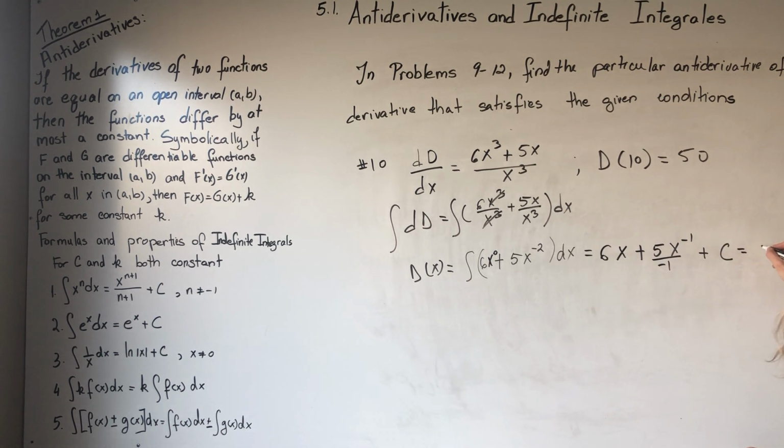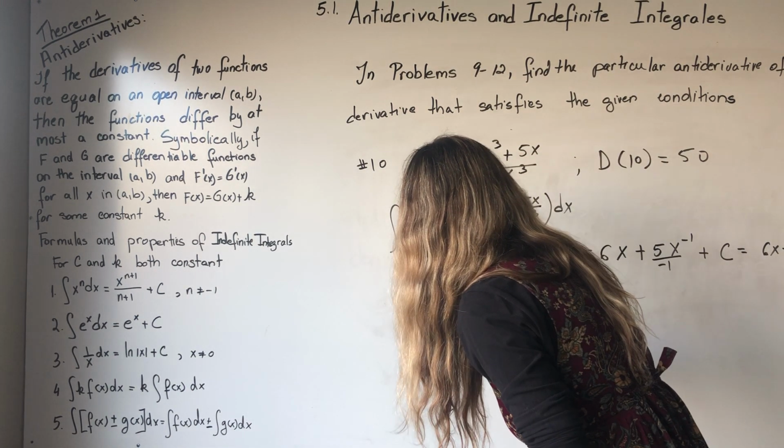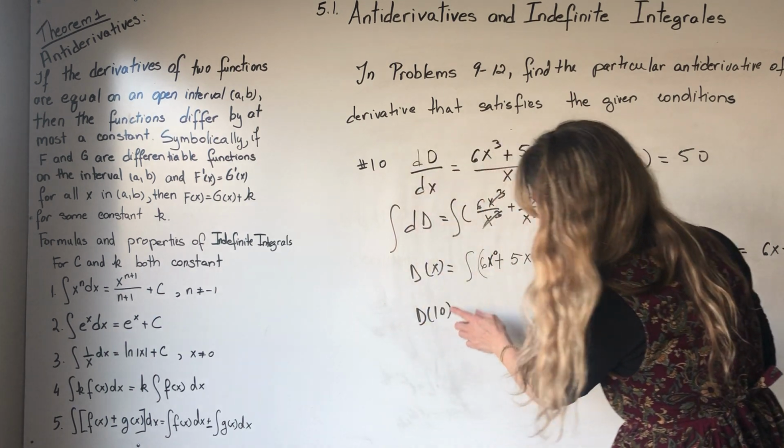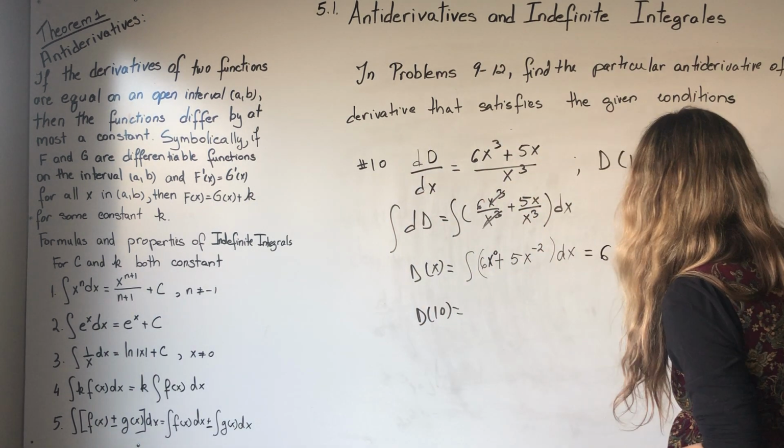So this is equal to 6x minus 5 divided by x plus c, and I know that D of 10, each time I see this x, I'm going to plug in a 10.